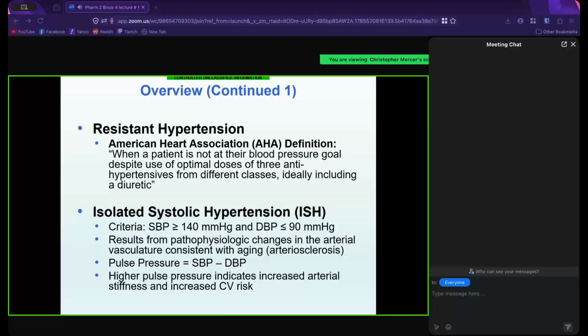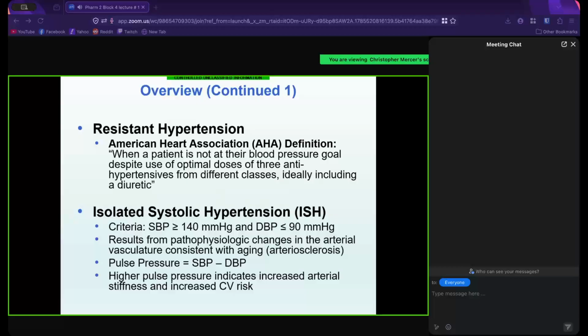Some more definitions here. Resistant hypertension just means the patient is not at goal even though he or she is on 3 medications, and ideally one of those medications is a diuretic. Isolated systolic hypertension is a little bit different, because usually it's adults where just the systolic blood pressure is elevated, and that's due to arterial stiffening as we age.